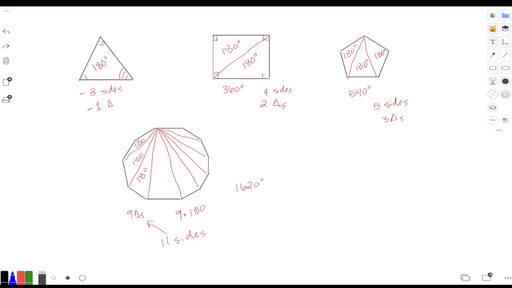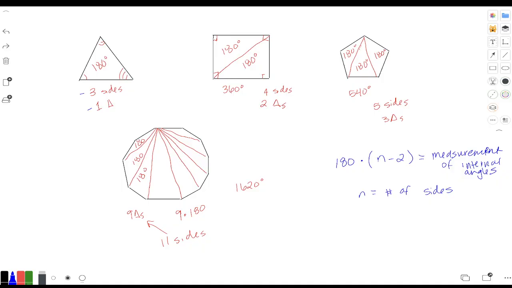So if each triangle is 180 degrees, and we multiply that by however many triangles we have, and the number of triangles is 2 less than the number of sides, where n equals the number of sides, then we have ourselves a formula here. This is the measurement of internal angles.